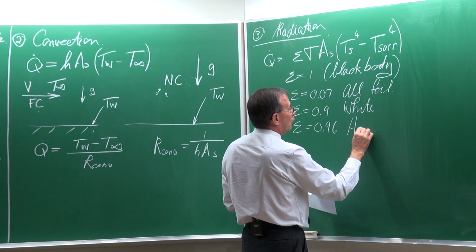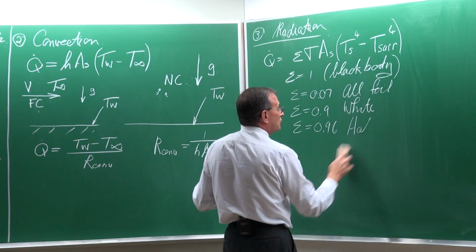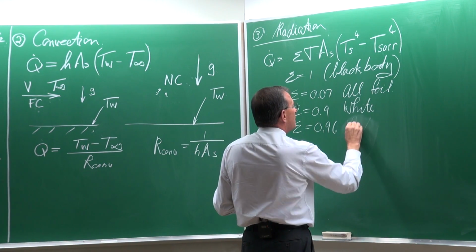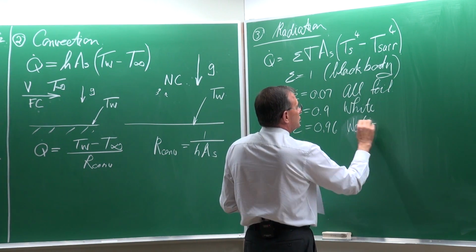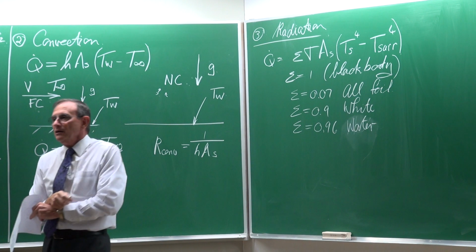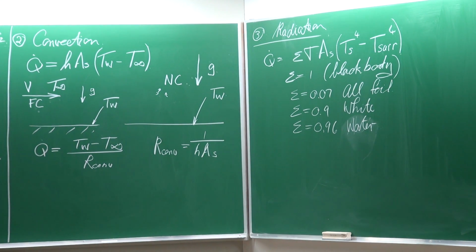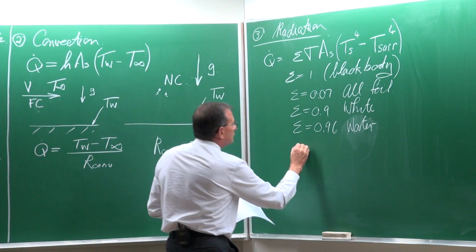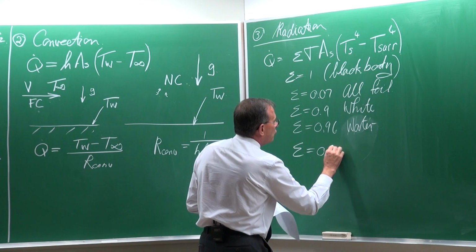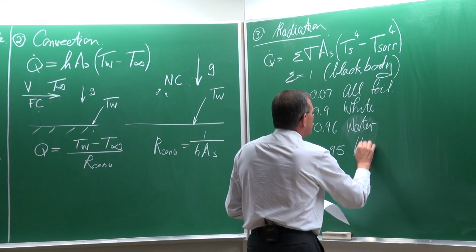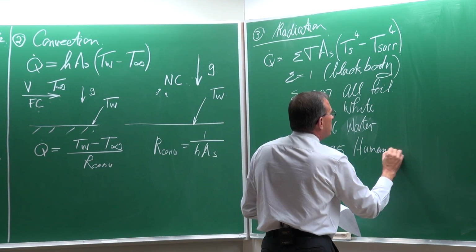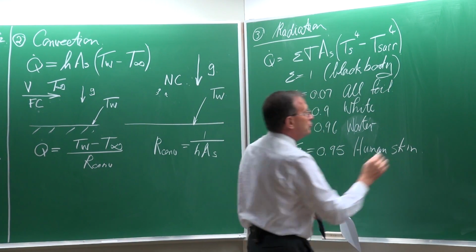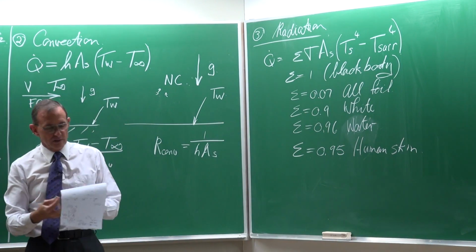So water absorbs a lot of radiation. That is why if you're swimming just underneath the surface of the water in a swimming pool, you're still going to get sunburn. And lastly, about 0.95, that is human skin. So human skin absorbs a lot of radiation.